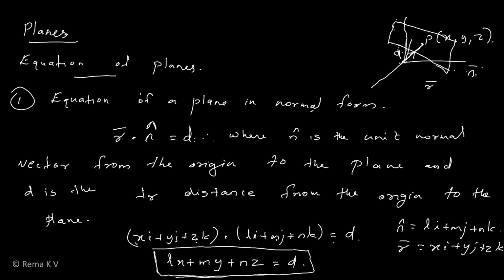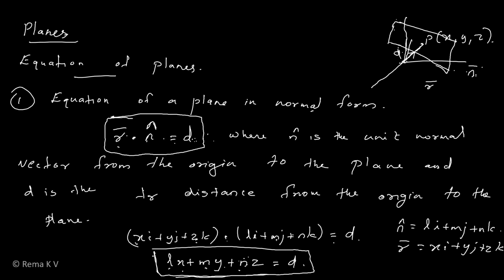Okay, so remember these two. This is the vector equation of a plane when the unit normal vector and the distance from the origin to the plane are given, R dot n cap is equal to D. When you write this in Cartesian form, it becomes Lx plus My plus Nz is equal to D. Here, since these are the direction cosines, L square plus M square plus N square is equal to 1.